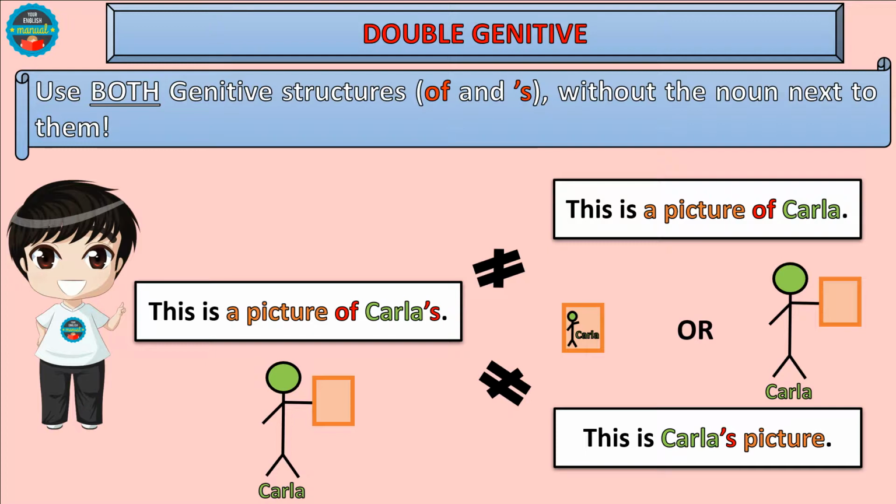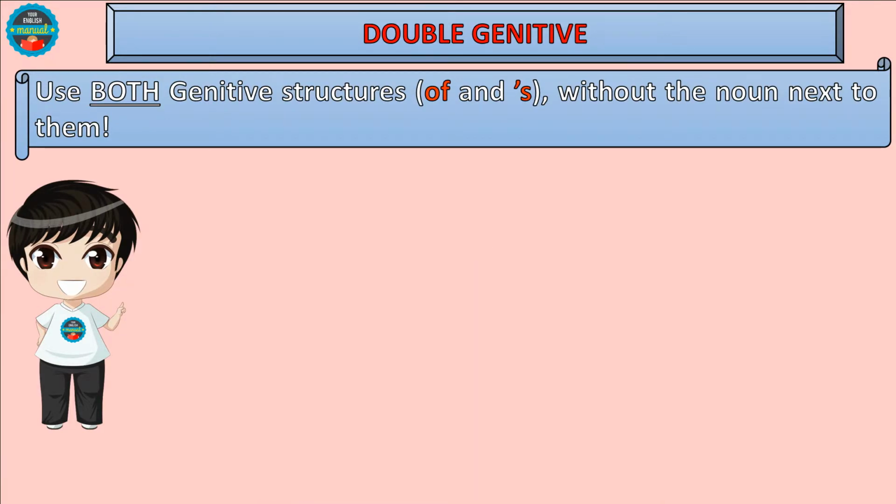Although it's not always necessary, it's good to know that it exists and how to use it, since many people use it. Many scholars argue that a possible explanation for the double genitive would be the idea of saying a part of the whole. What do you mean?